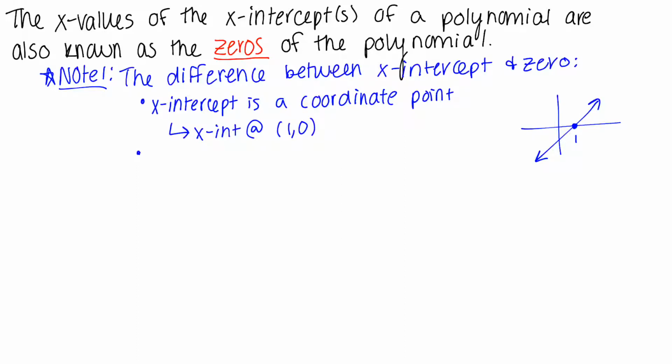The 0 of a polynomial is the x value of the x-intercept. It's also the value that makes the polynomial 0 when you plug it in.